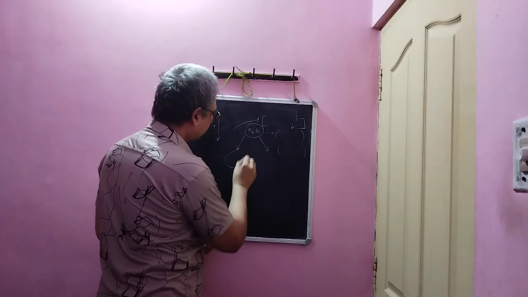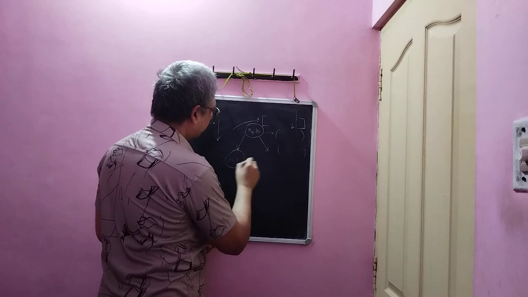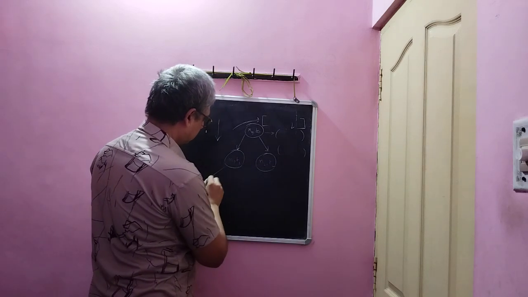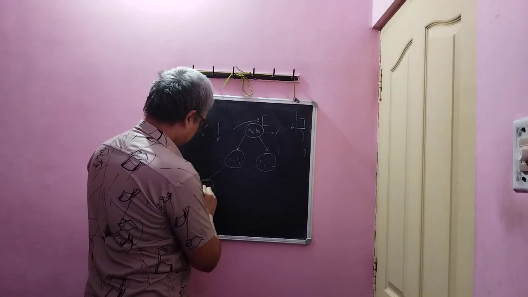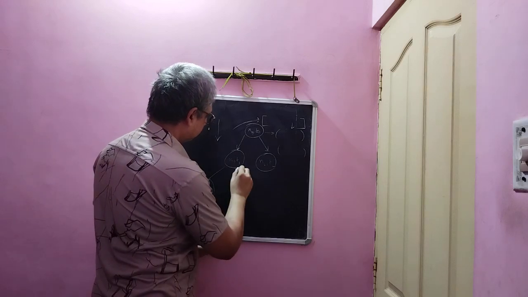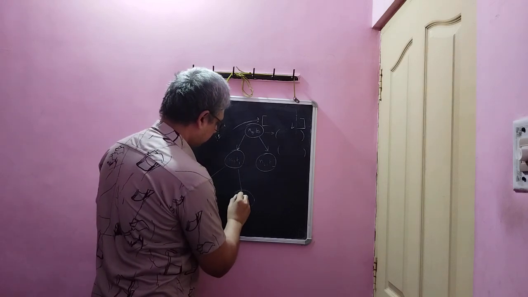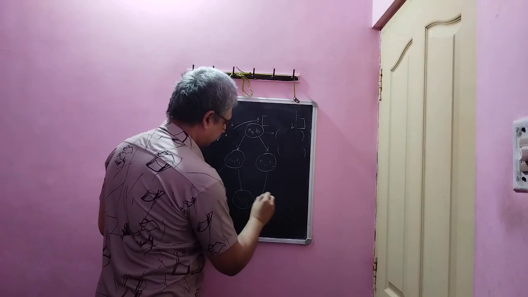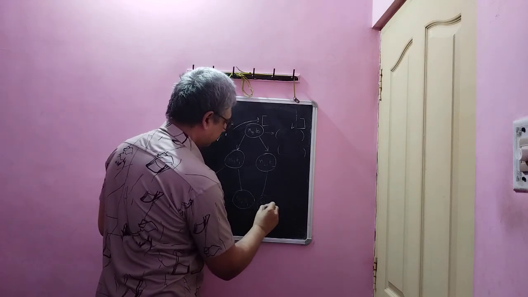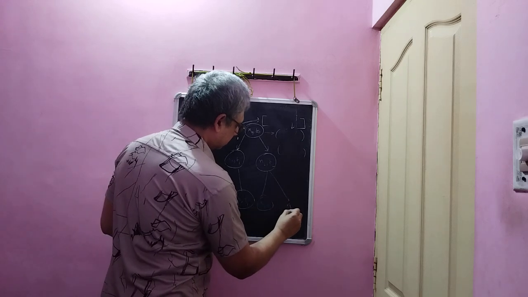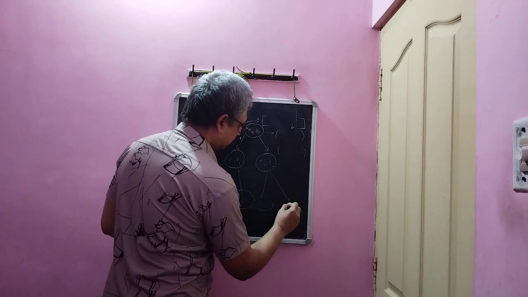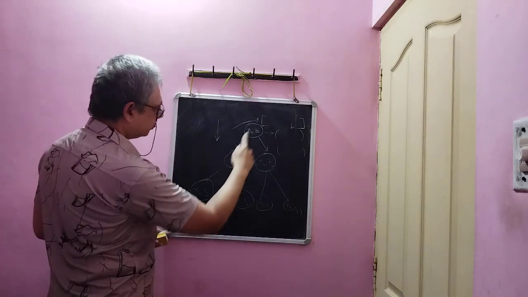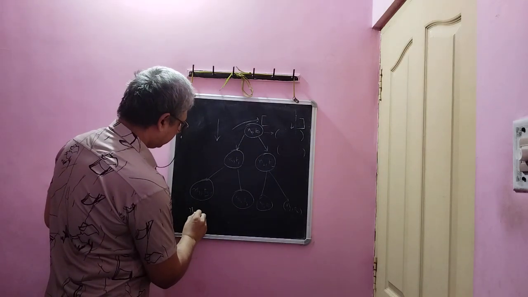Here you have n1, t1, then n2, t2, n3, t3, n4, t4, n5, t5, n6, t6.